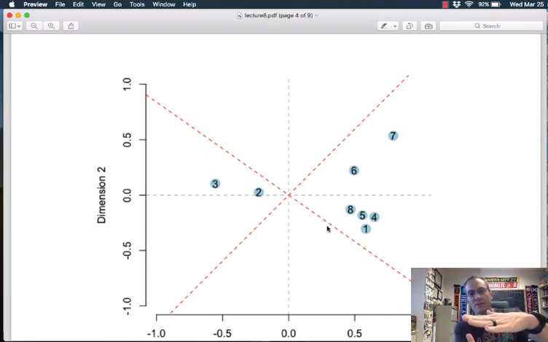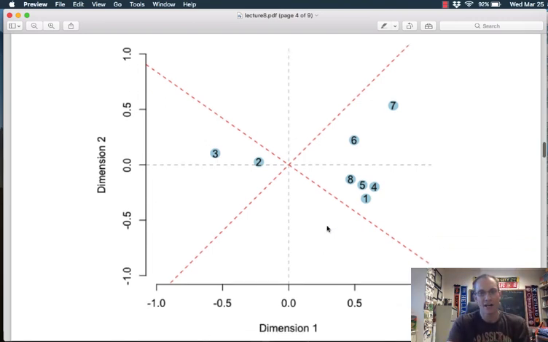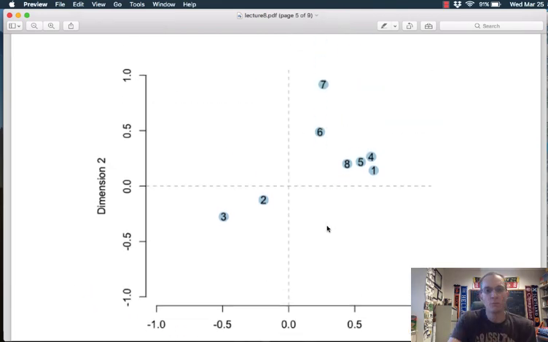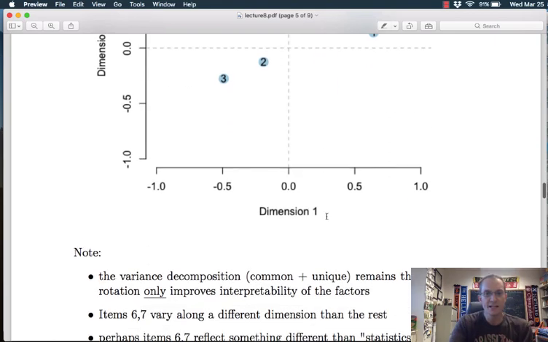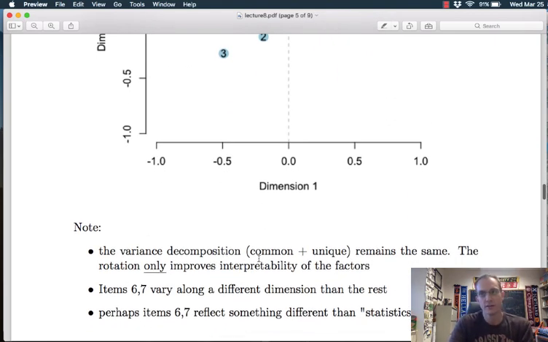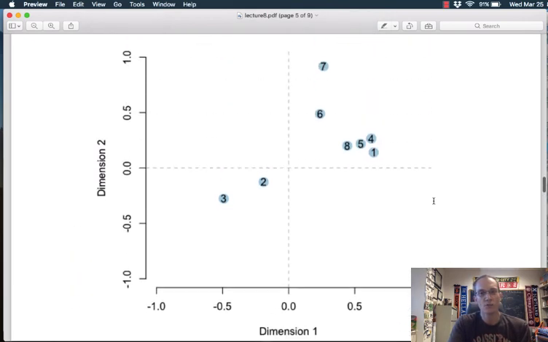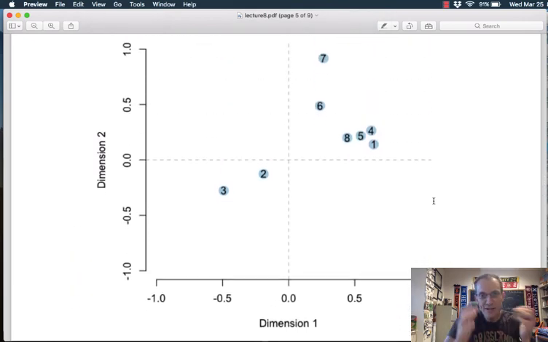It's like I've just taken the space and rotated it by approximately 40 degrees. And so that's exactly what you see. This is what we mean by a rotation of factors. Essentially, the variance decomposition, the model remains the same. The only improvement by the rotation is in the interpretability of the factors. If we're trying to figure out what these factors mean, it's really much easier to do when we see it in this rotated space. So now we're actually ready to get something out of this factor analysis.